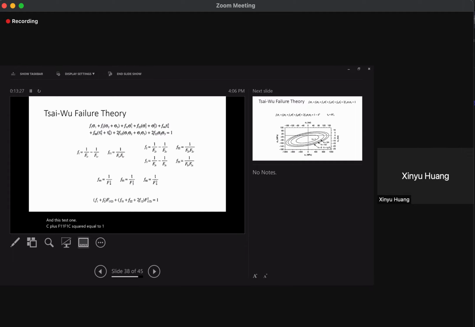Now this test gives you this equation right here. You have two equations, tension and compression. And you solve these. There are two unknowns, F1 and F11, and the solutions are these numbers here. F1 equals that, F11 equals that. And you can determine these terms.